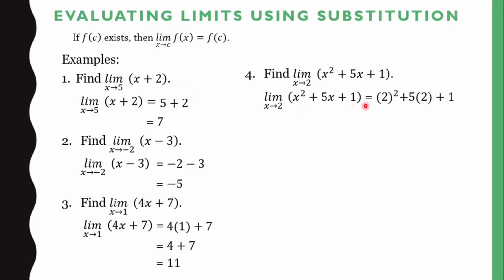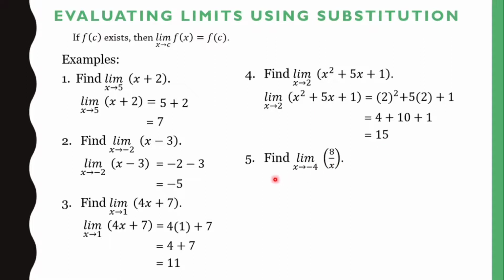That would be 2 squared plus 5 times 2 plus 1. 2 squared is 4 plus 5 times 2, that's 10, plus 1. Now we simplify this expression. 4 plus 10 plus 1, that would give us 15. So the limit of x squared plus 5x plus 1 as x approaches 2 is equal to 15.